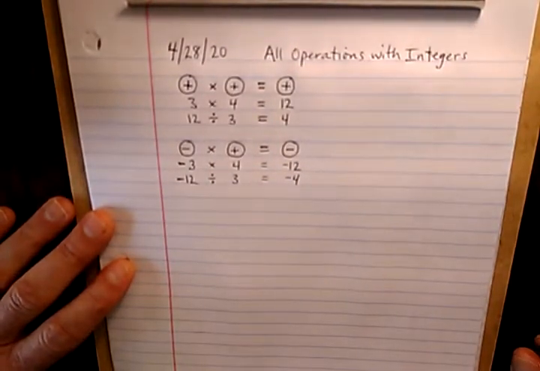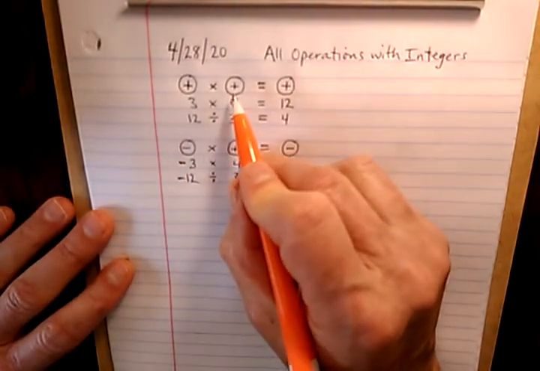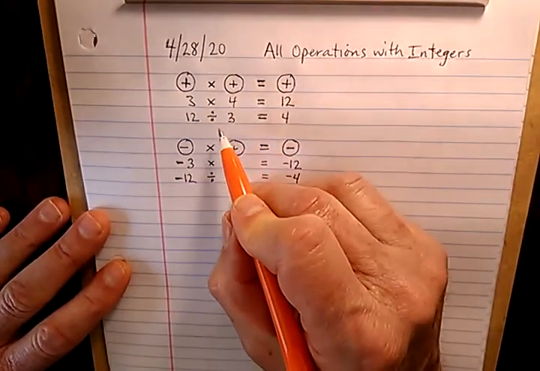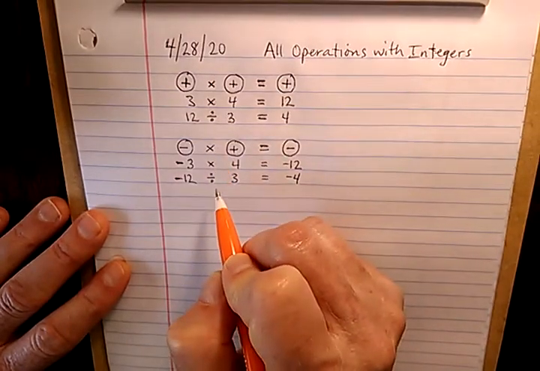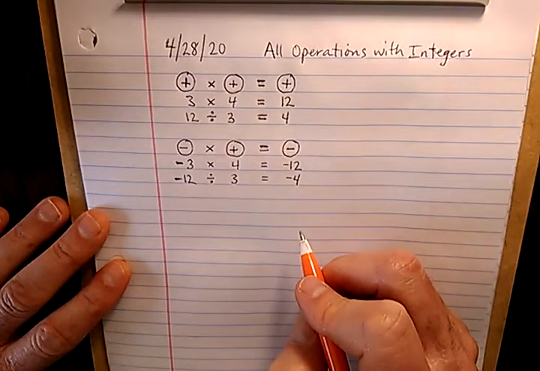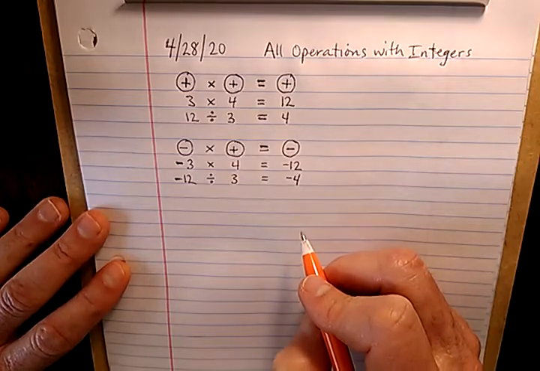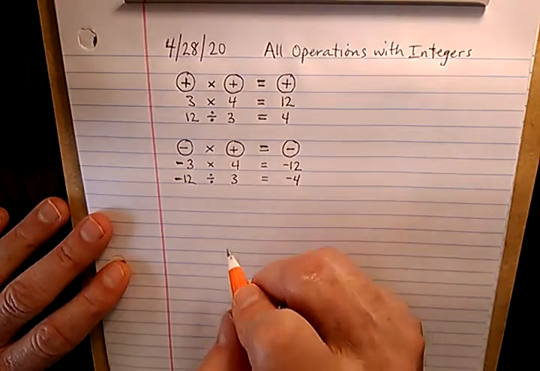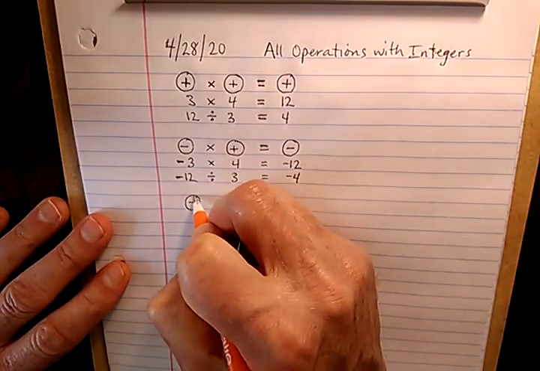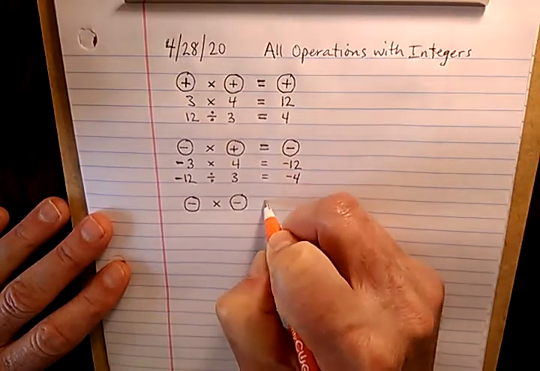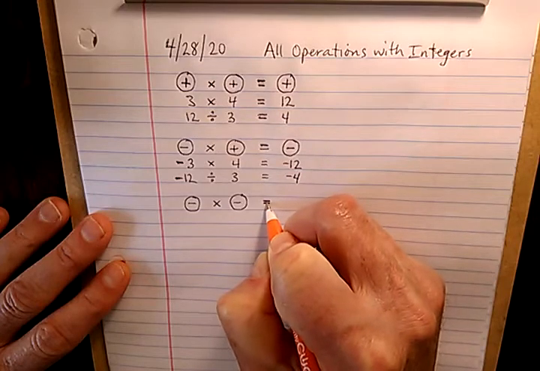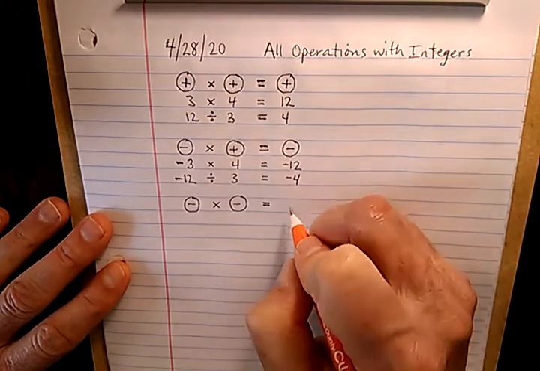Okay, so far we've done two positives multiplied together or divided, a negative and a positive multiplied together or divided, and the last option would be if they're both negative, both of the factors are negative. So if I have a negative times a negative, is that going to equal positive or negative? It equals positive.